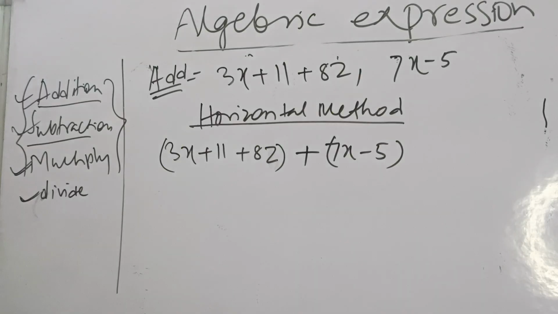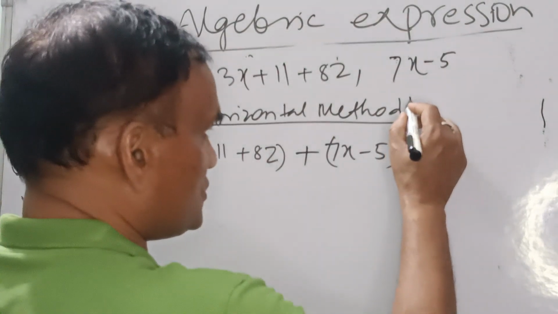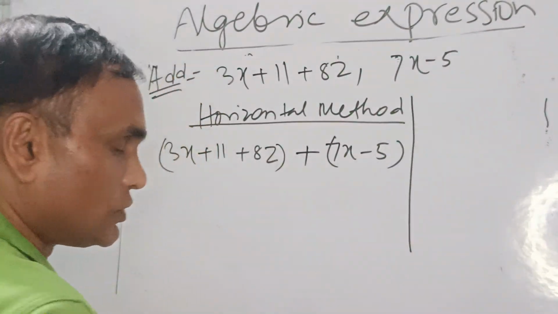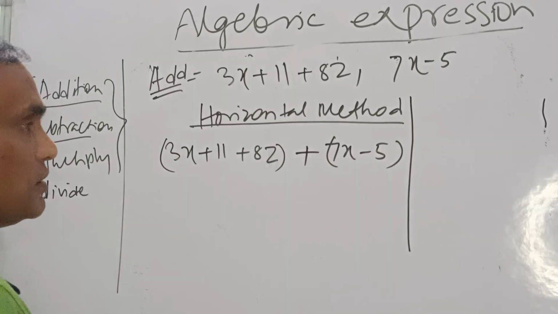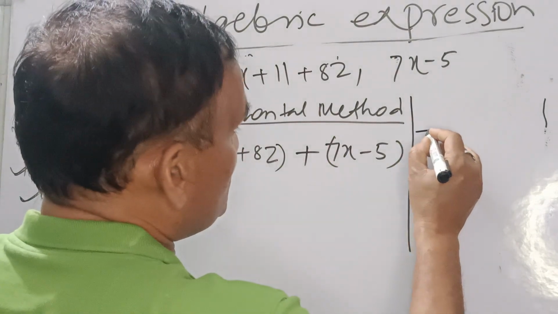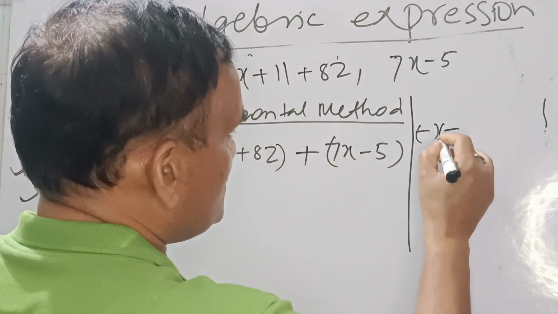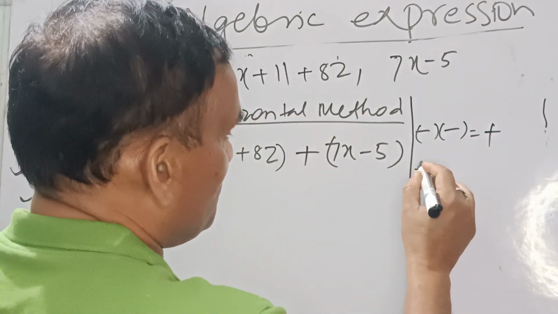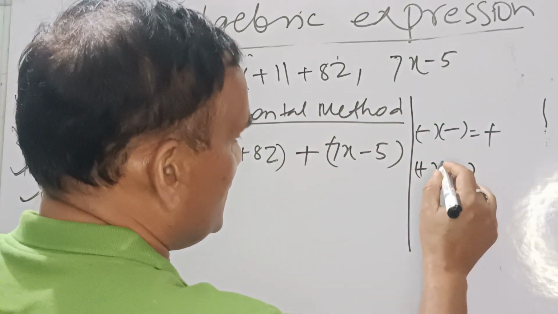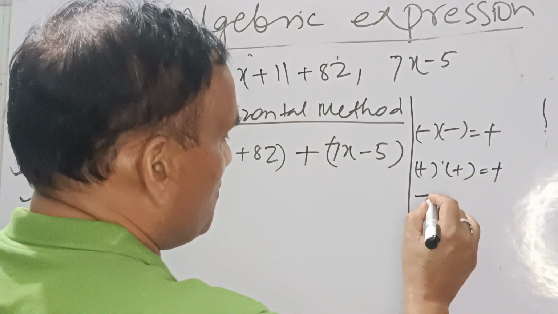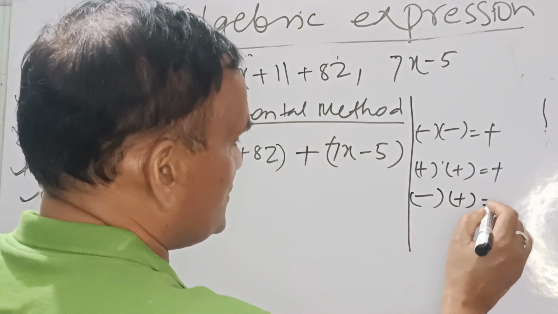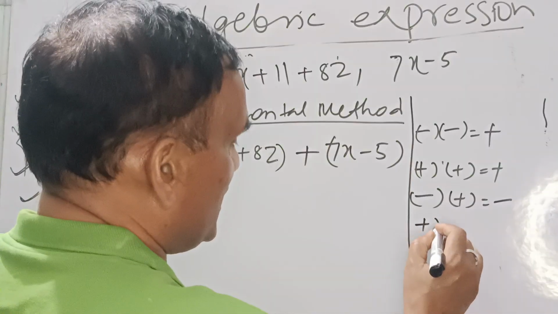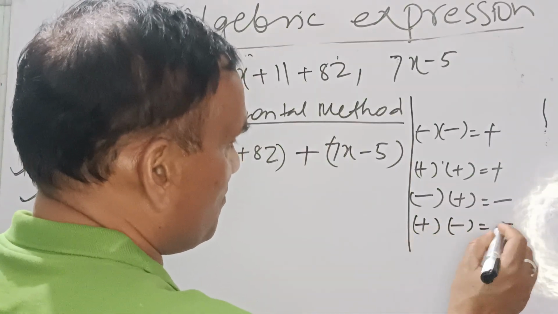Okay, before starting this, I want to ask you: what is minus and minus? You know, plus. Plus and plus is plus. Minus and plus, you can say minus, or plus and minus, you can say minus.